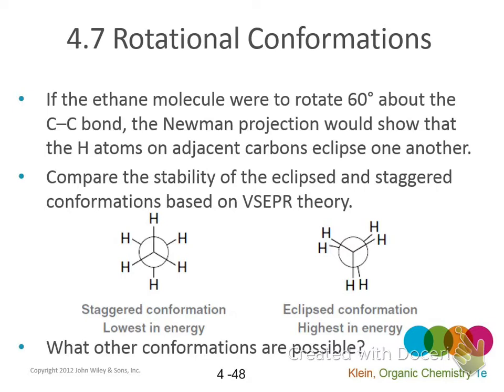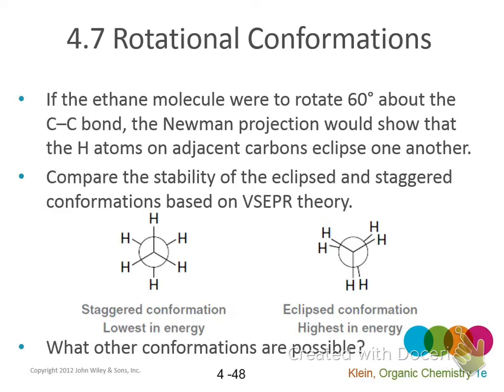VSEPR theory tells us what about the energy of the 0 angle versus the 60 angle? Which is higher? 0, because they're closer. So VSEPR is, if they're close together, it's high in energy, so molecules like to rearrange their atoms to be further apart.